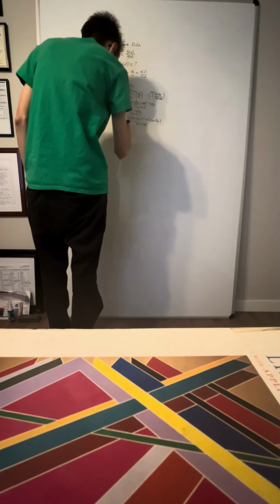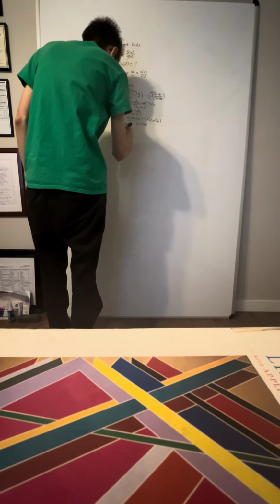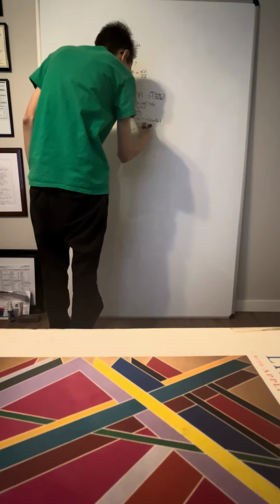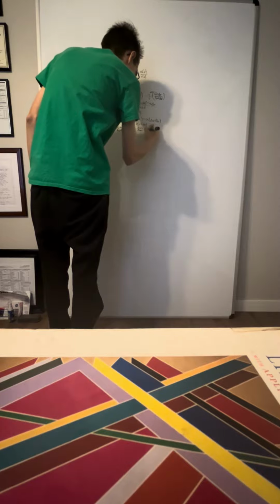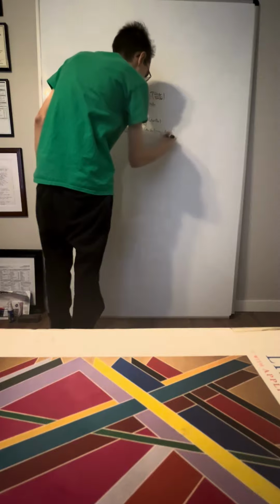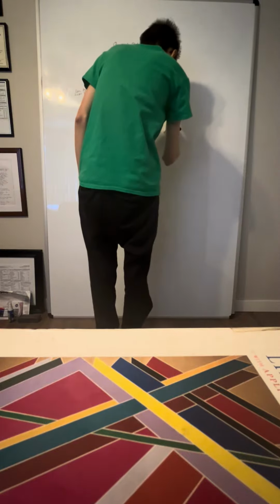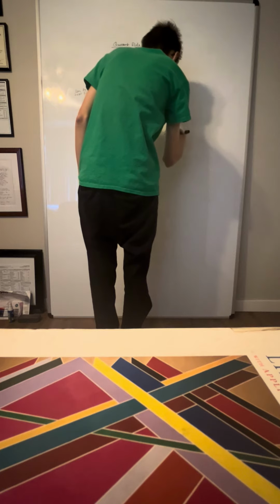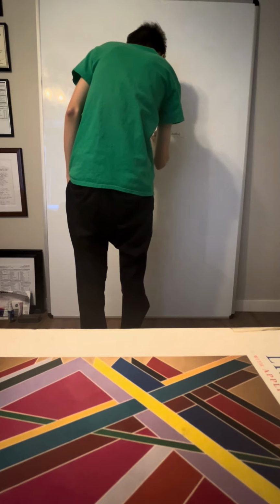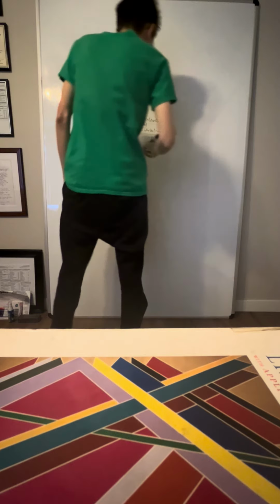So we have limit of delta x approaches 0 of delta y over delta x equals v times limit as delta x approaches 0 of delta u over delta x minus u times the limit of delta x approaches 0 of delta v over delta x over v times v plus delta v.